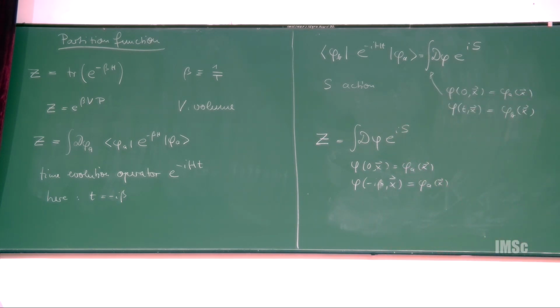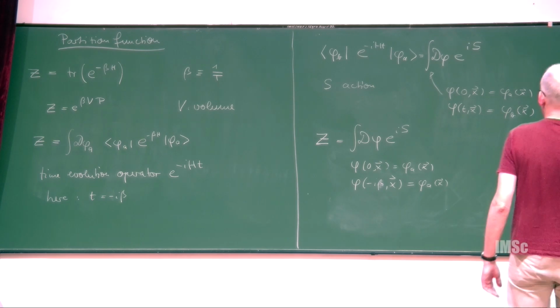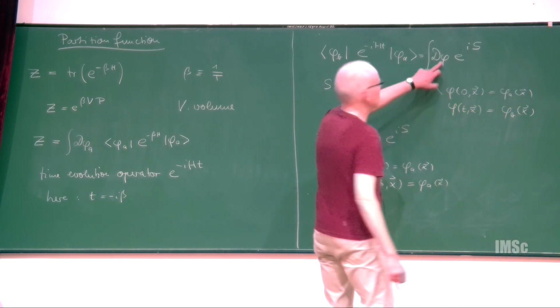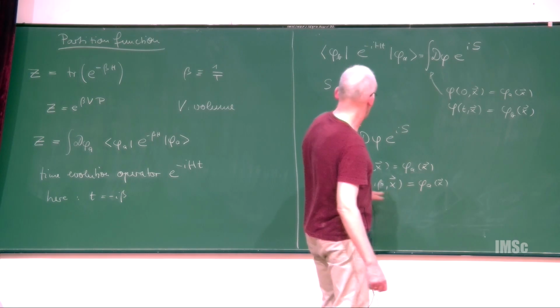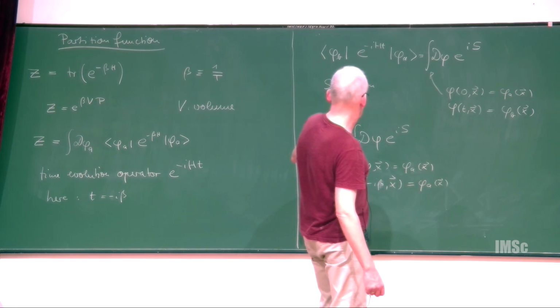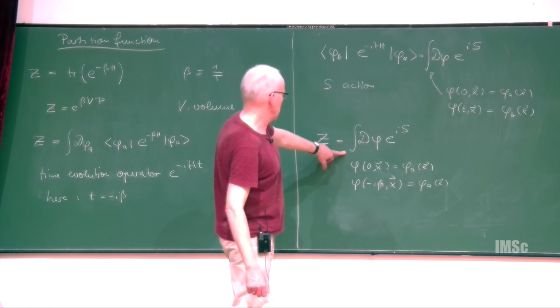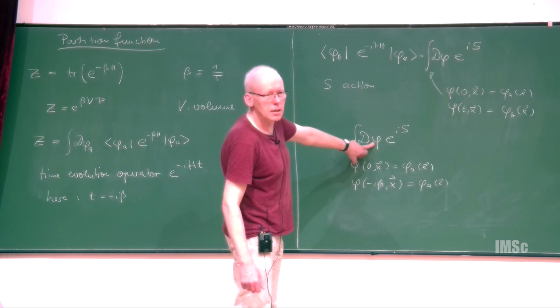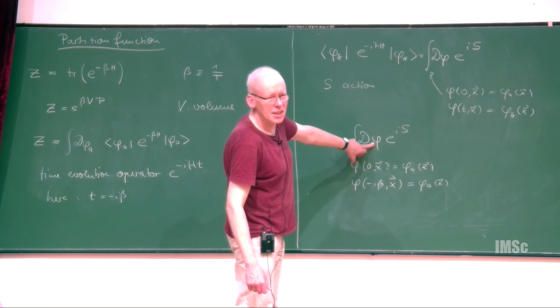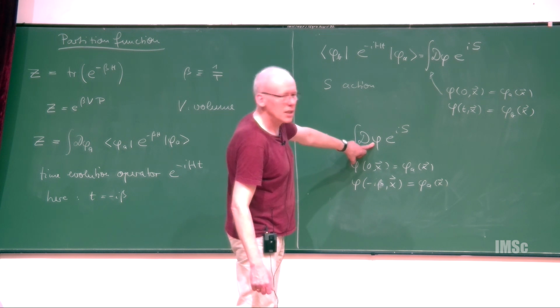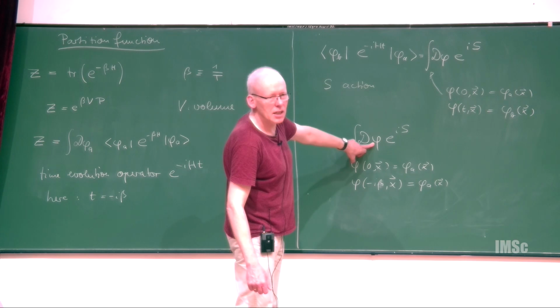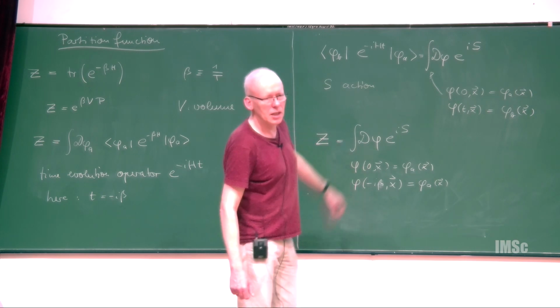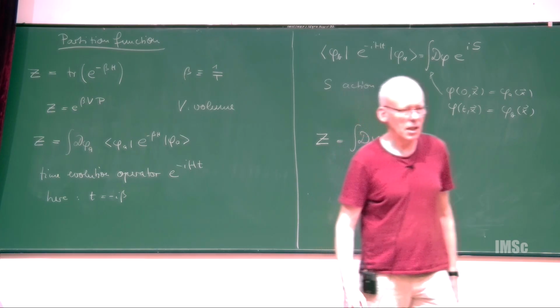I mean, in here, an integral over phi A. Yeah, so that is the matrix element on the right hand side. The path integral that you have written, that's for the matrix element. But then you have an integral over phi A as well.